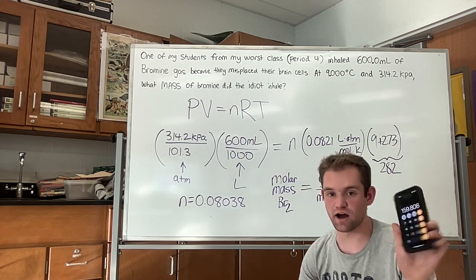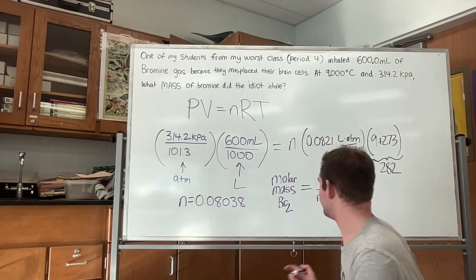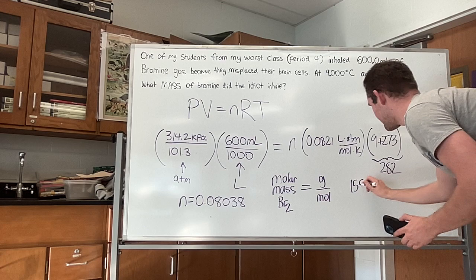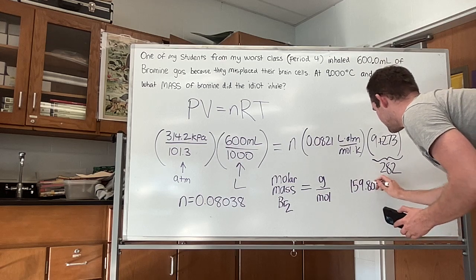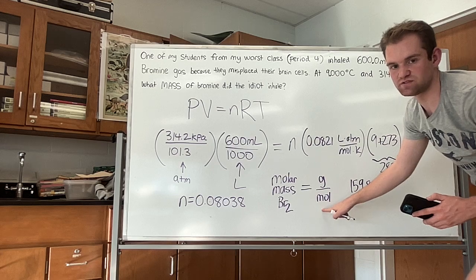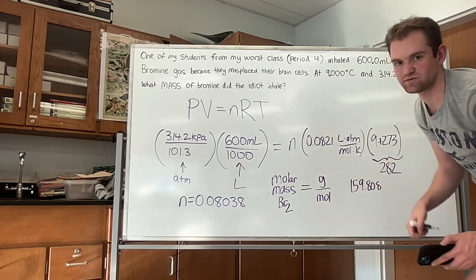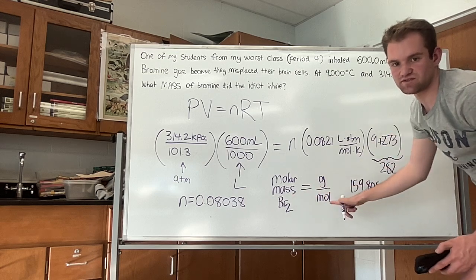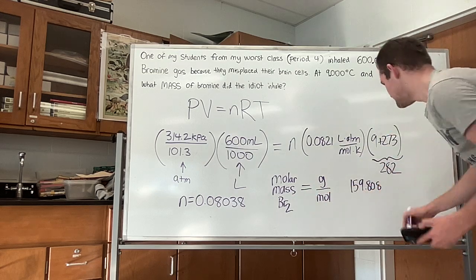My molar mass is 159.808. Now look, molar mass times moles should give us grams if we solve, right? We want to isolate grams, so multiply both sides by moles.